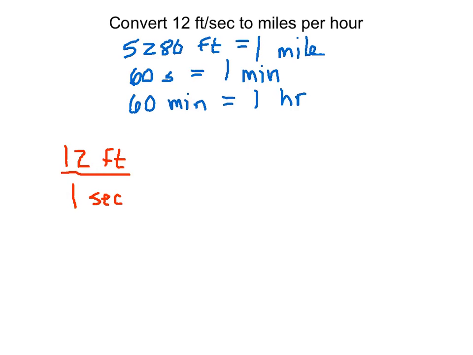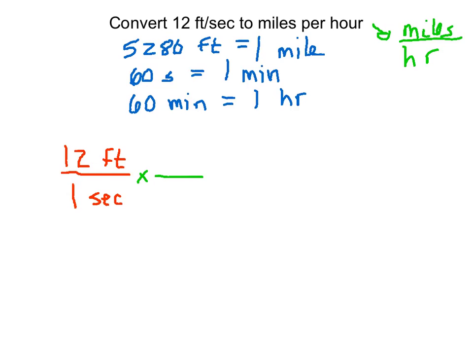What do I want to convert that to? Well, I'm starting with feet. I need to end with miles per hour. That's the same thing as at the very end of my answer here. I'm going to want to have miles up top, and I'm going to want hour down in the denominator. So I need to cancel feet first.